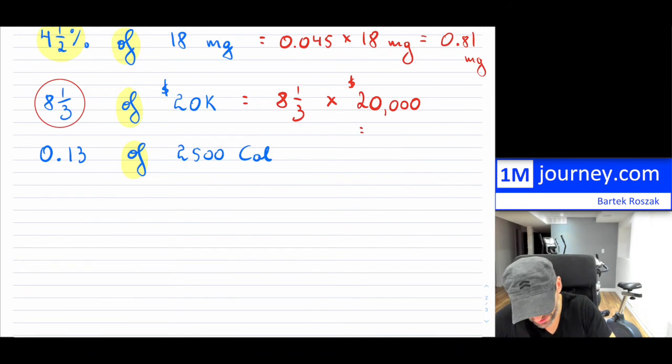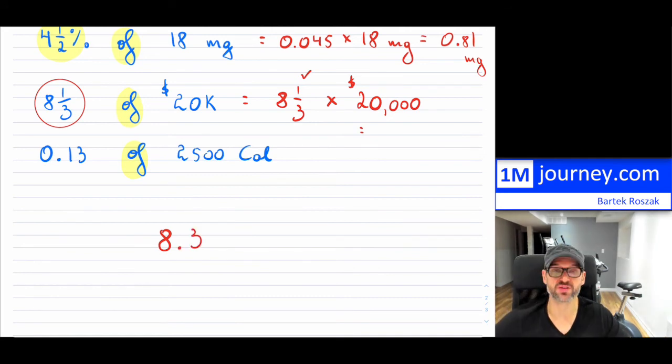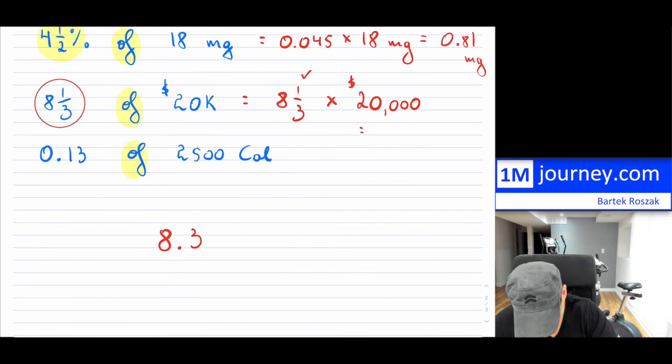Please be careful, because what some students will do is change the 1/3 to 0.333, and sometimes students will just say 8.3. And you're going to get it wrong, especially if you have to be rounding, because it's not 8.3, it's 8.3 bar. It's 8.3333.